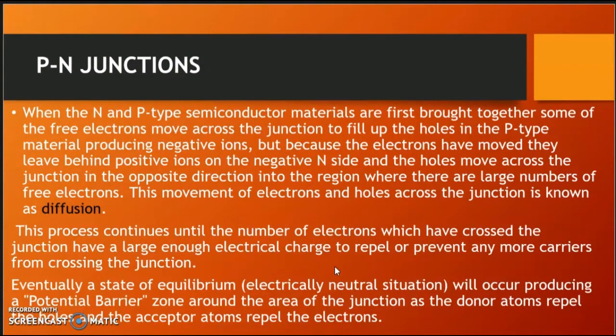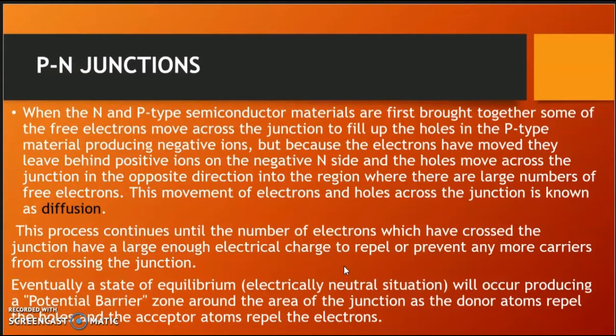So whenever P and N-type semiconductor materials are first brought together, some of the electrons dominating in the N-type will move across to fill the excess holes in the P-type material.